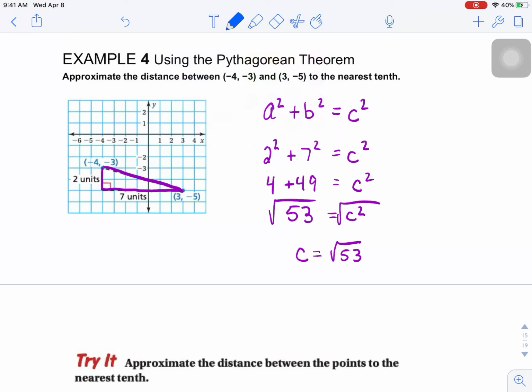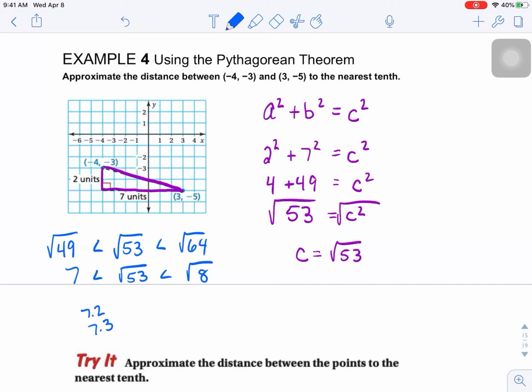Now we're going to tie this into what we were doing before, where I know that the square root of 53 is between the square root of 49 and the square root of 64, which is between 7 and 8. So I know my answer is between 7 and 8, and this is closer to the 7. So I'm going to try maybe like 7.2, 7.3.